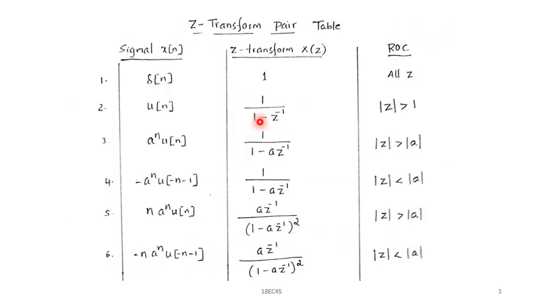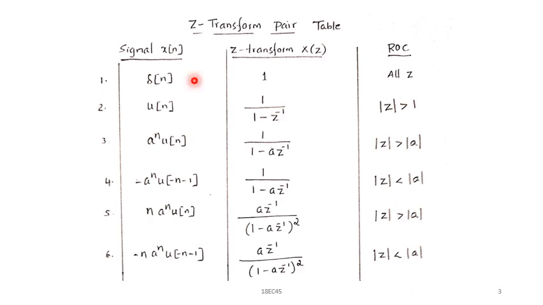Here it shows a Z transform table. In the first column the different signals are given, that is x of n, and the second column is the Z transform of x of n, that is X of z, and the third column gives the ROC.